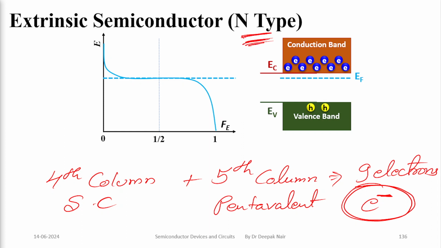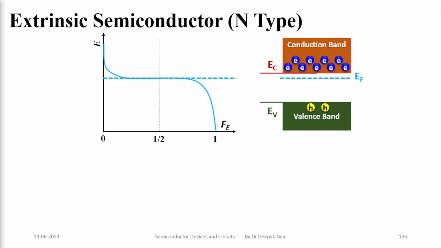And we can see all these electrons are arriving more at the conduction band, and therefore the Fermi energy EF shifts closer to the conduction band. And here you can see the probability of finding an electron is closer to the conduction band.